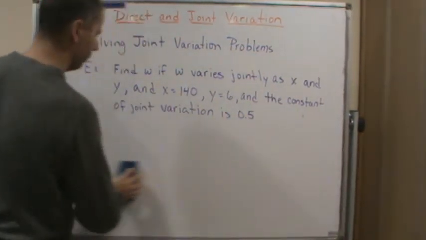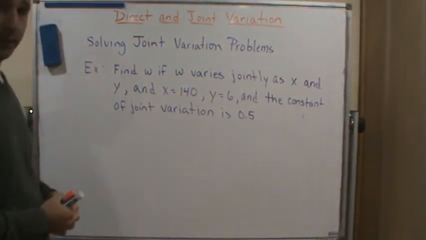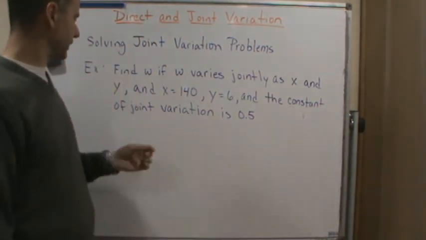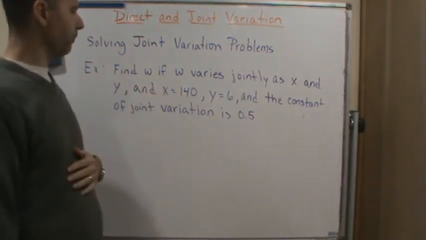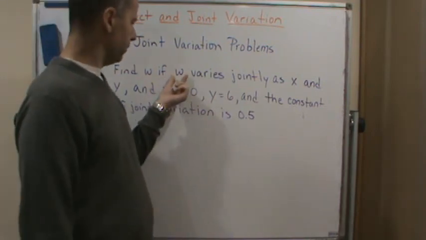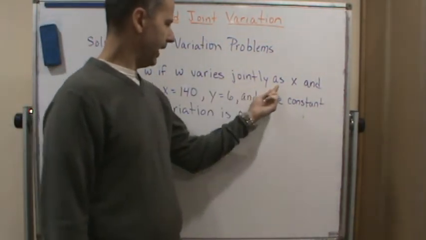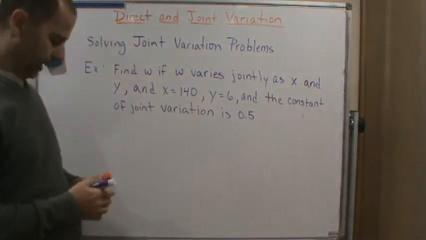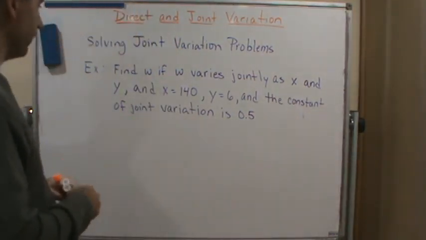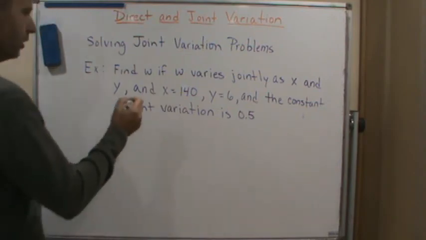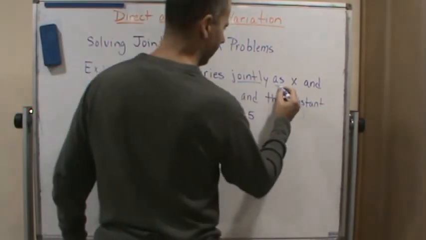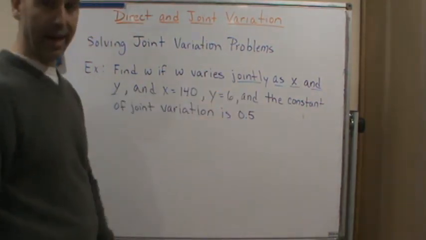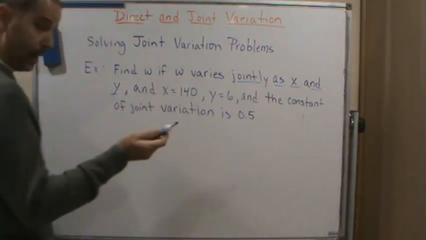Okay, so in this example here, again, the wording tells you, right? So it says find W if W varies jointly as X and Y. Okay, well, great. If W varies jointly as X and Y, then X and Y are going to be in the denominator.